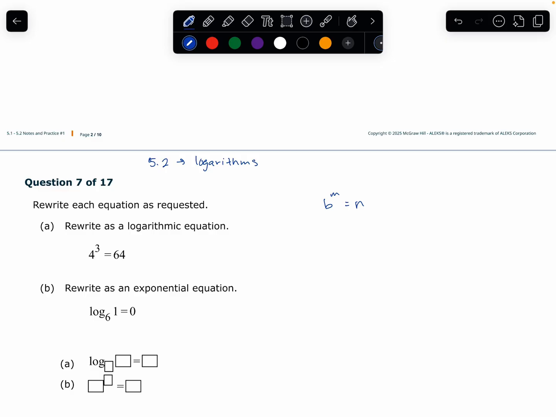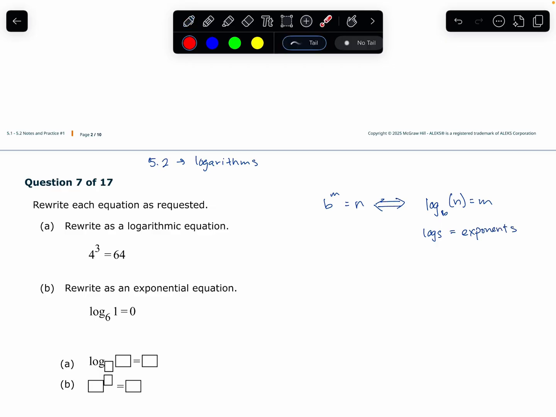Okay, so if this is the case, I'm going to draw a double-sided arrow. A logarithm with base b of some variable n will be equal to m. Logarithms always equal exponents. Logs equal exponents.